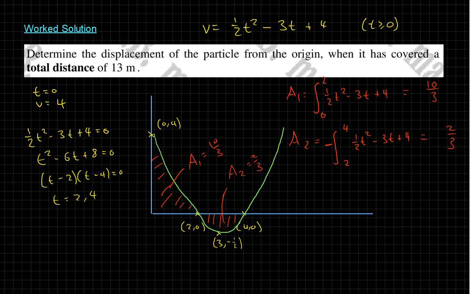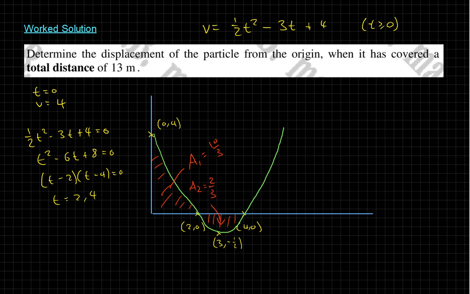So therefore, at this point here, let me just clear up a bit of space. So I was saying at this point here, what is the displacement and what is the distance? So let's just point at it with a little arrow. Okay, over here, this is t equals 4.